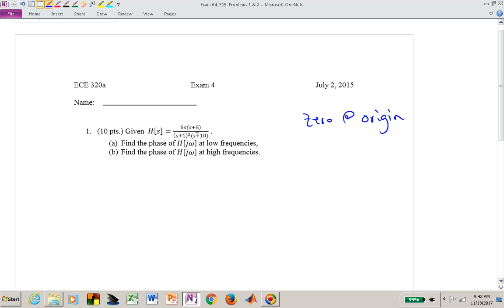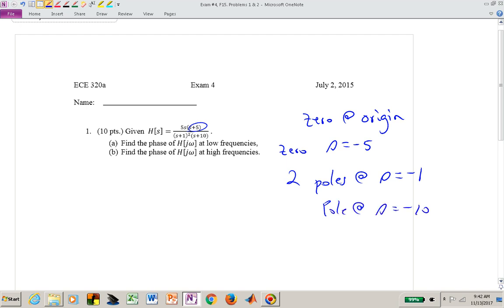We also have a 0 at s equal minus 5. We have two poles at s equal minus 1 and a pole at s equal minus 10. And we'll now need to figure out how we use that information.